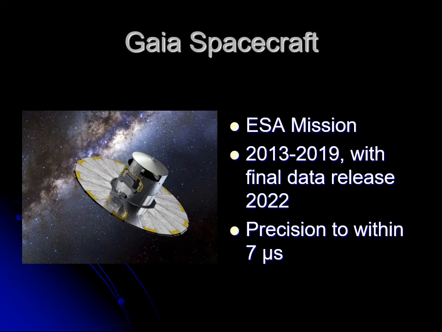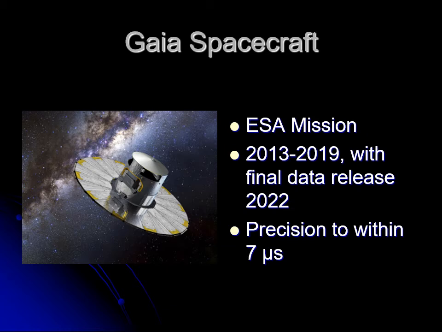In the old days, we could only measure distances to within a few fractions of an arc second, so we could measure distances out only a few parsecs. So dozens of light years, and then we got to where we could measure up to 100 light years.